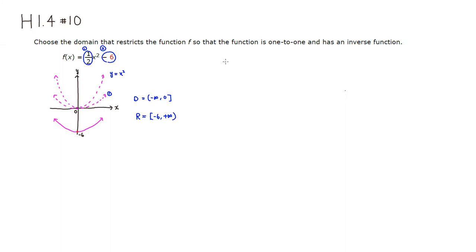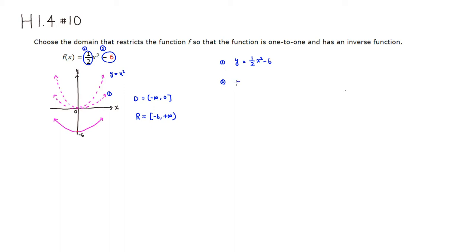Let's find the inverse function. Step 1, we replace f of x by y, so y is equal to 1/2 x squared minus 6. Step 2, I'm going to solve for x.